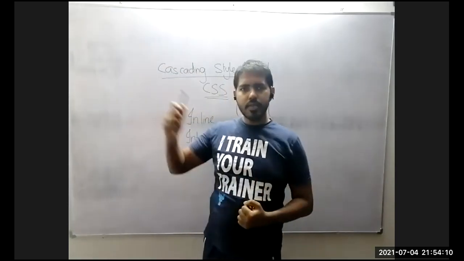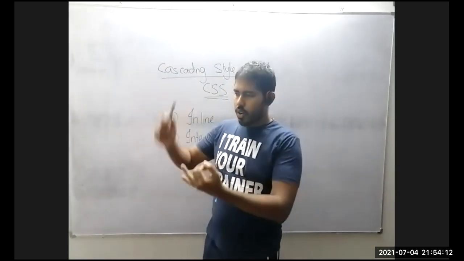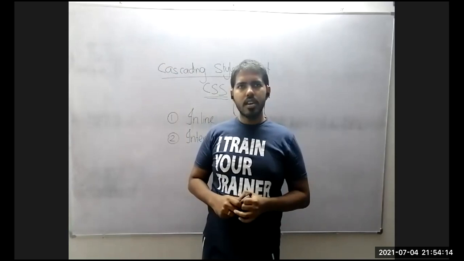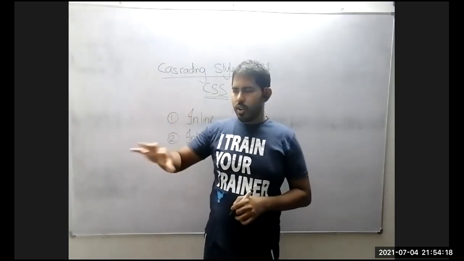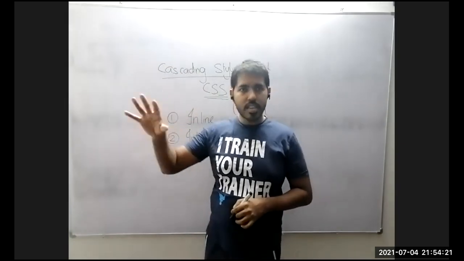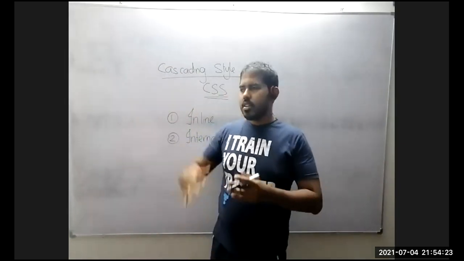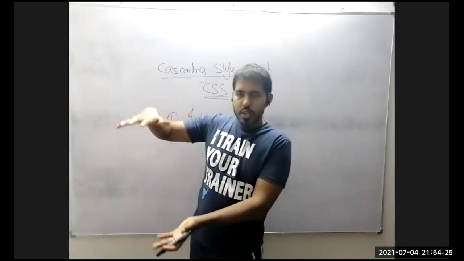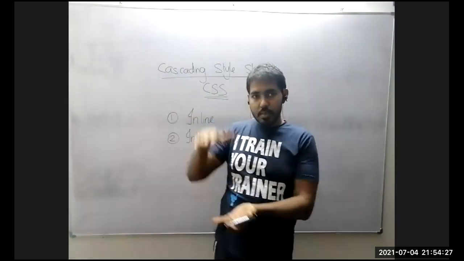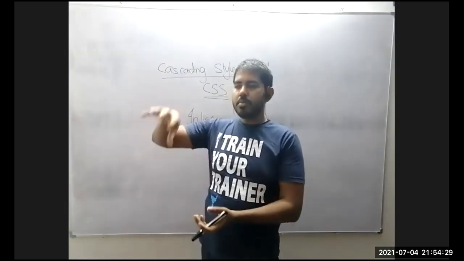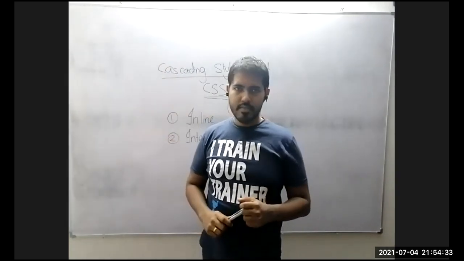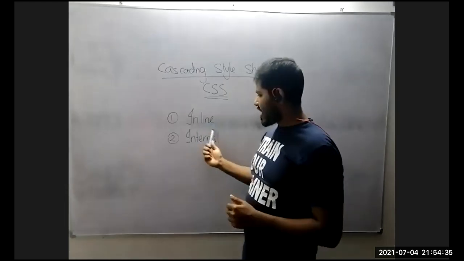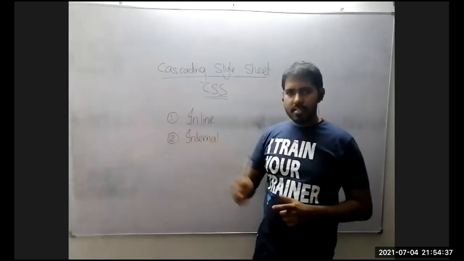All the paragraphs, images, lists and tables will get that style. So all the elements in the body will be modified according to what we have written in the head.